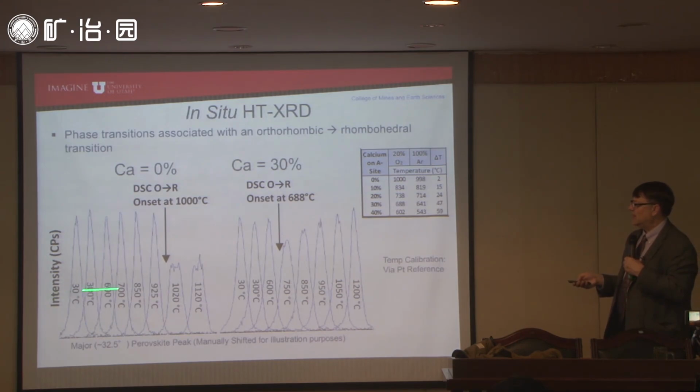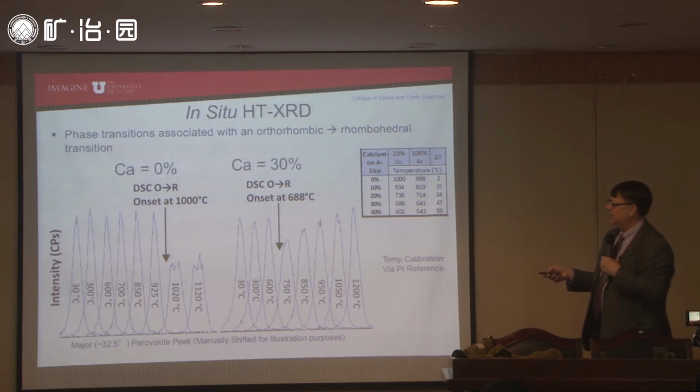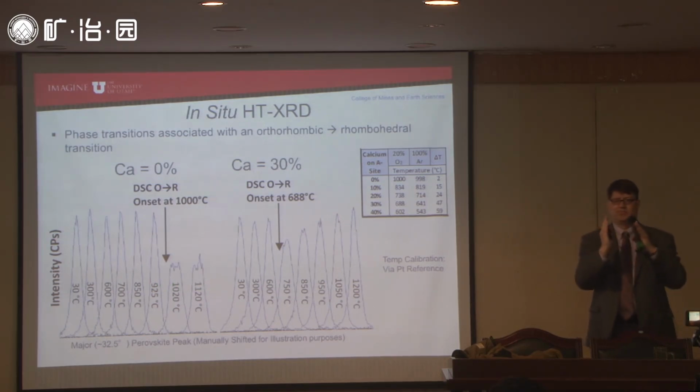Well, using high-resolution, high-temperature X-ray diffraction, we can determine what the phases are. And so this is showing 2 examples for calcium, for the pure lanthanum ferrite with 0% calcium, and then the second example has 30% calcium in it. And so as we heat up this pure lanthanum ferrite, right around 1,000 degrees C, we see a transition from these sharp peaks to these 2 smaller, less intense peaks.